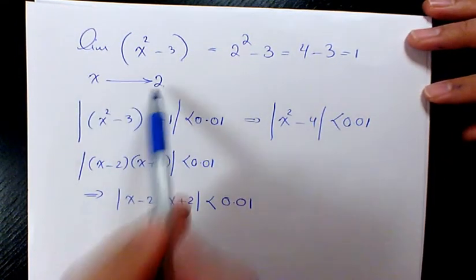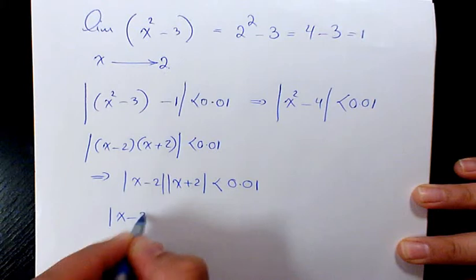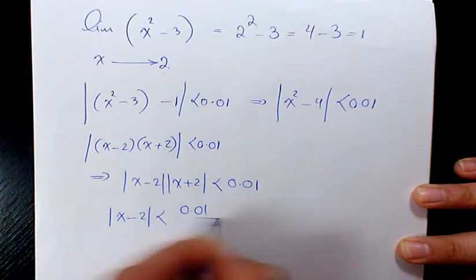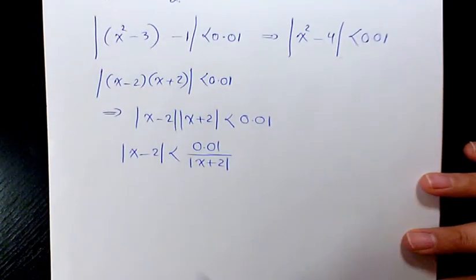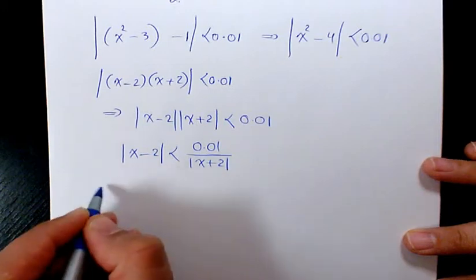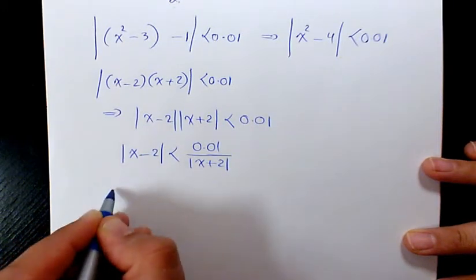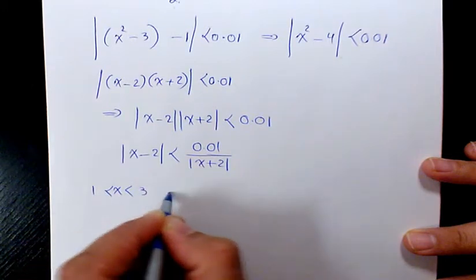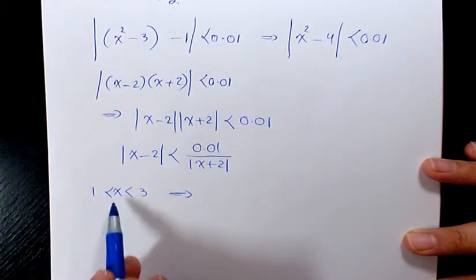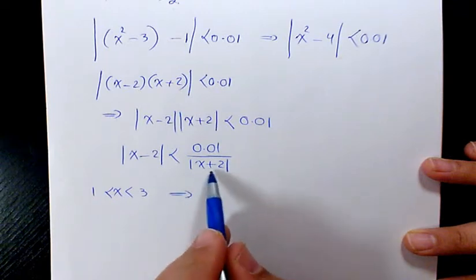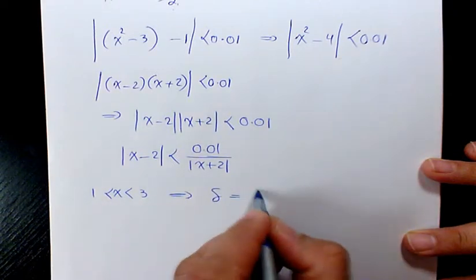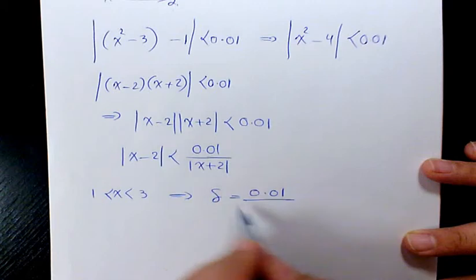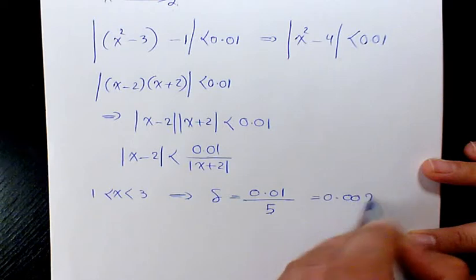Since x is approaching 2, the absolute value of x minus 2 is going to be less than 0.01 over the absolute value of x plus 2. Now, if you assume that, since x is approaching 2, x is between 1 and 3, then we can say that delta equals 0.01 over 5, which is going to be 0.002.